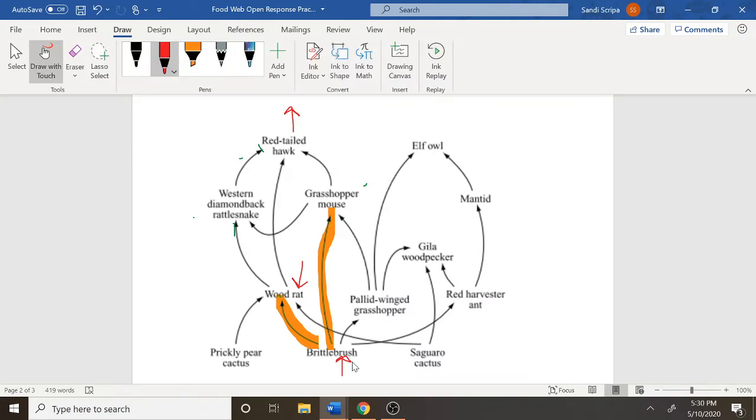So if there's more of that brush, that means there's going to be more food for the mouse. That is going to increase the mouse population. That mouse also gets eaten by the hawk. So they would maybe not have as much food from the wood rat, but they would have lots more mice and therefore more food. So the population could also increase, right?